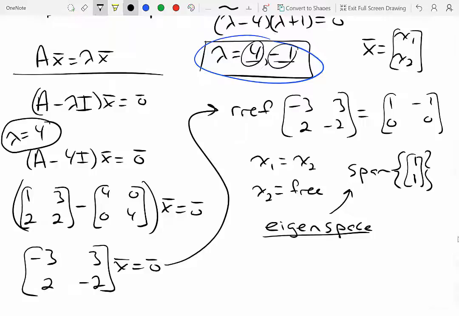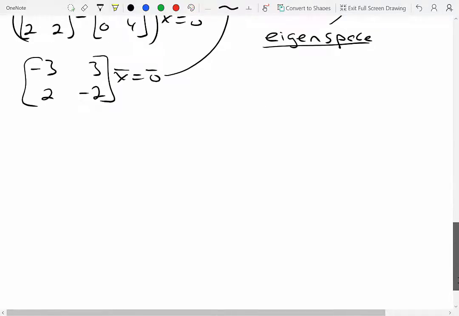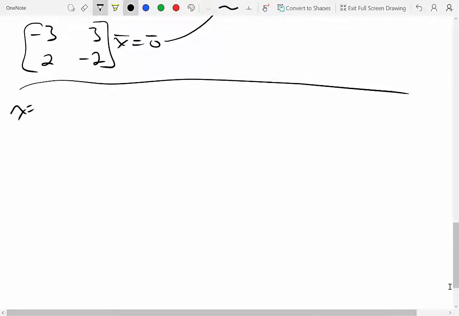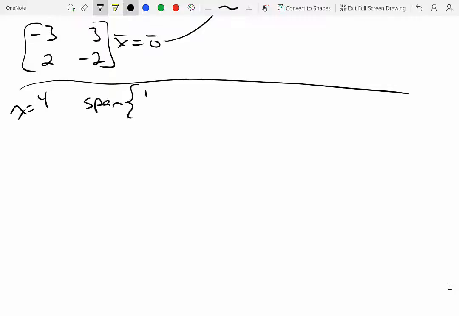So we still have to go to -1, but let's see if we can understand a little bit about what's going on with these eigenvalues and eigenvectors. So I've now decided that when lambda is equal to 4, I have all linear combinations of 1, 1 being eigenvectors. So let me just pick a linear combination. How about if I just pick -2 times 1, 1, and I just randomly pick -2.